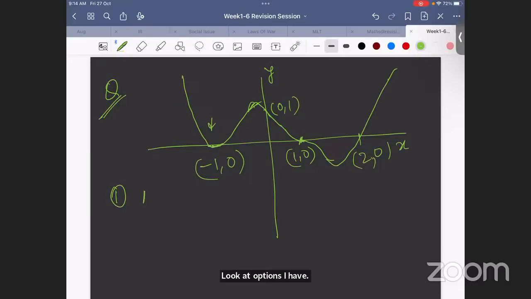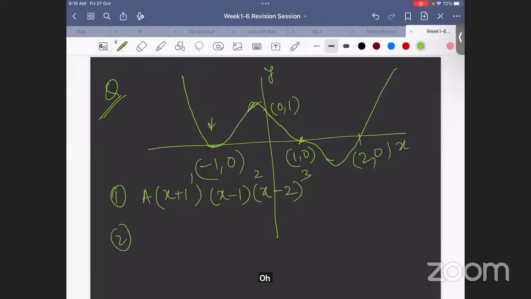Some A, a product of A multiplied with x plus 1, x minus 1, and x minus 2. 1, 2, 3.